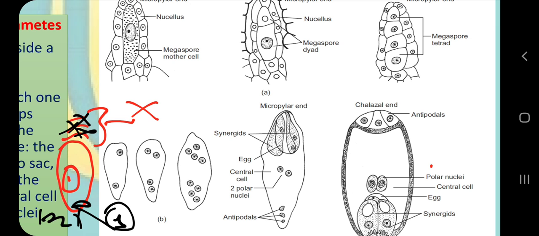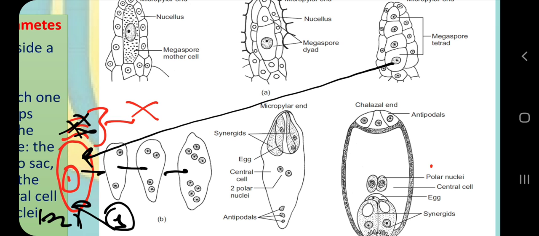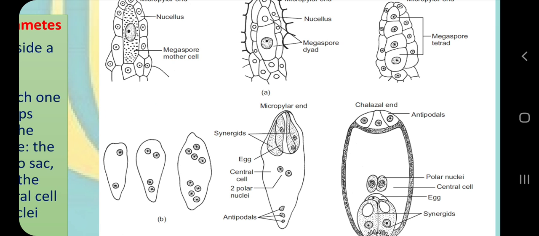This haploid megaspore from the tetrad will undergo mitosis, but a special type of mitosis where only nuclear division is happening. The cell wall is not forming, so we cannot see cells forming, we are only seeing nuclear division. After 1, 2 and 3 mitotic divisions, we observe 8 nuclei, and after that cell wall formation happens like this.